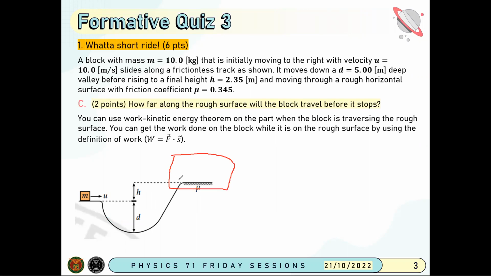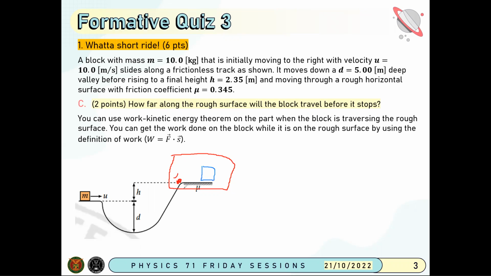Right? So yung initial state, yung nandito siya just above the surface, just before the rough surface. Right? And then yung final state is kapag nandito na siya somewhere. Okay.